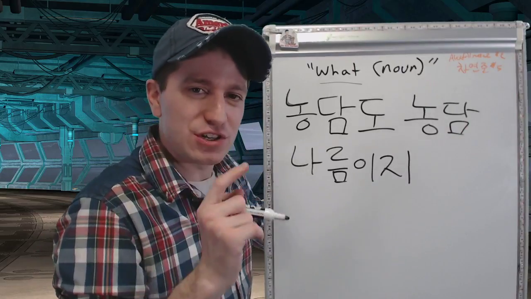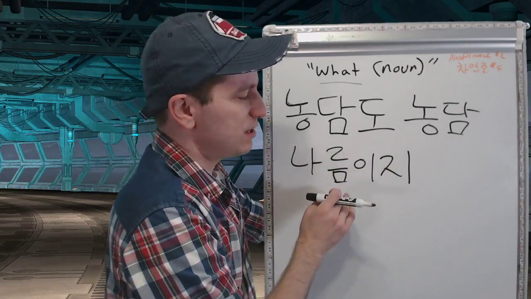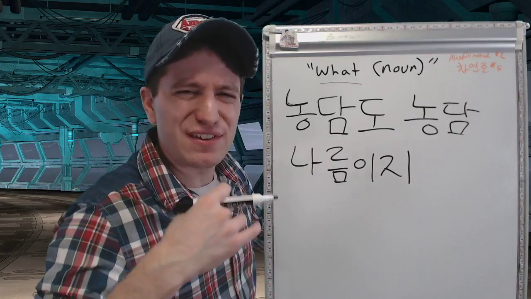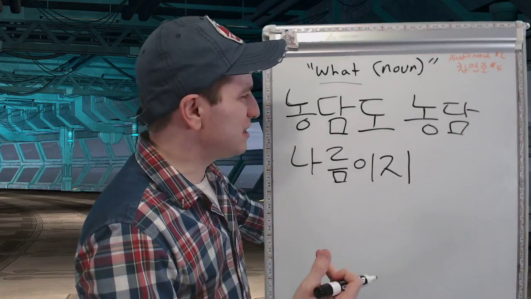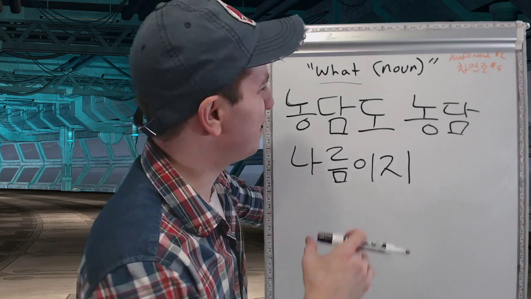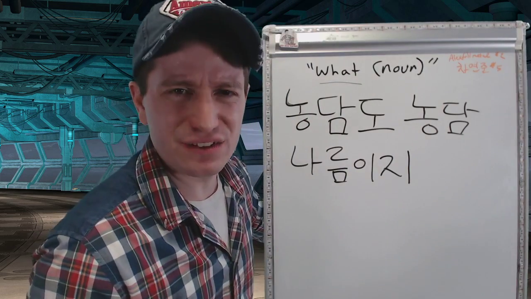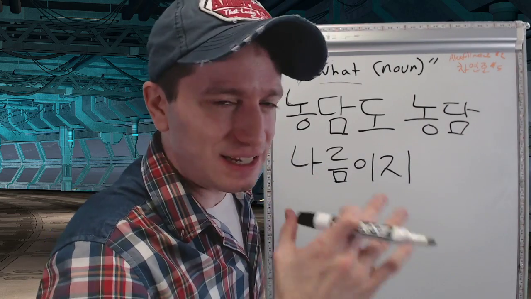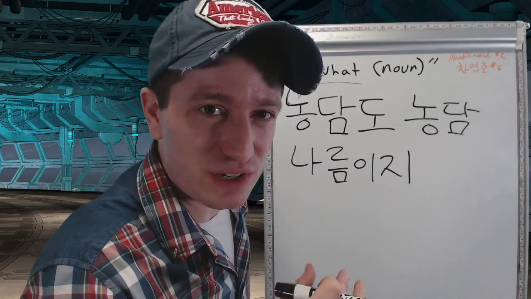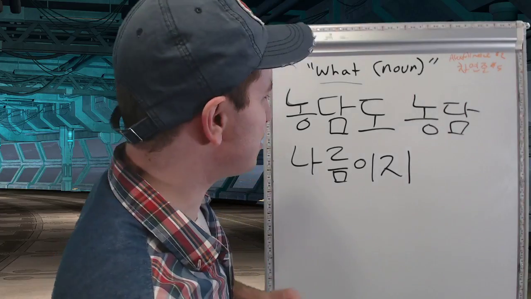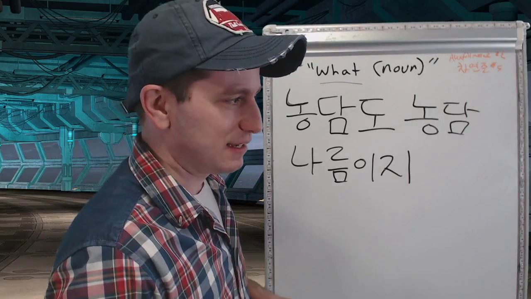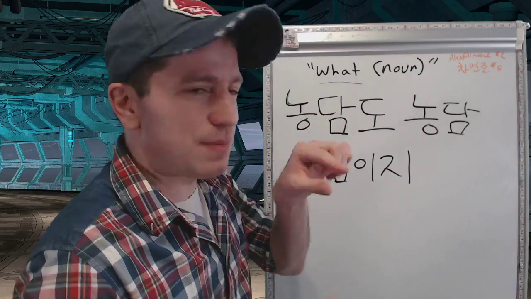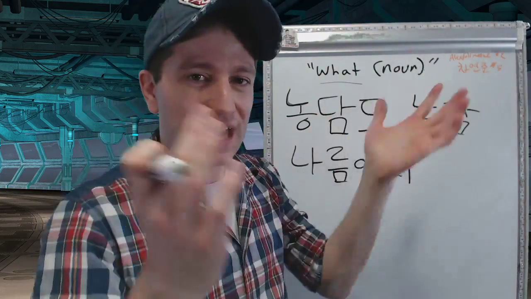Again, when you use this form with verbs, it adds in that meaning of how you do something. When you use this with nouns, it adds in the meaning of what, or what kind of, in that sense. So even the joke depends on the joke, right? It depends on what kind of joke. It's not just that specific joke, but what kind of joke.